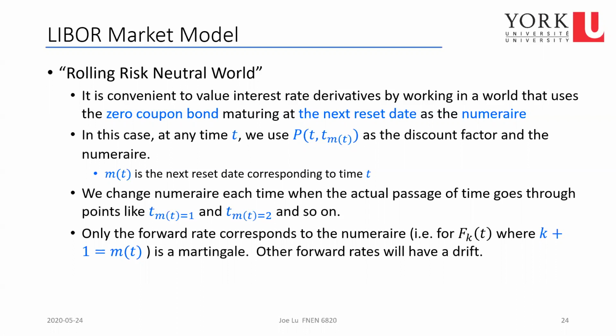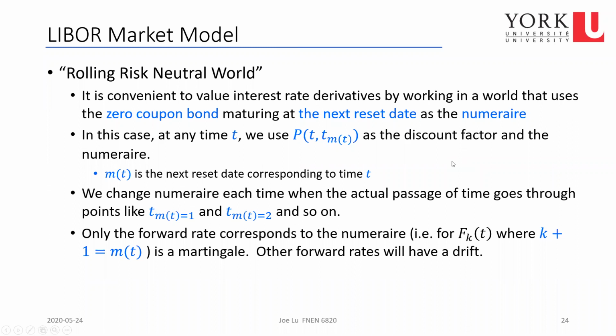It's very convenient to select the zero coupon bond that matures at the next reset date as a numeraire, to analyze the evolution of the entire term structure of forward rates.